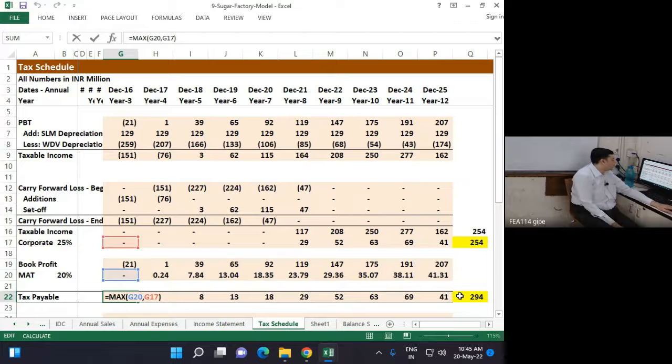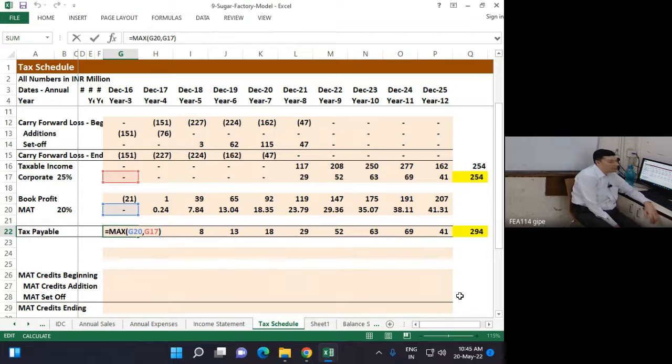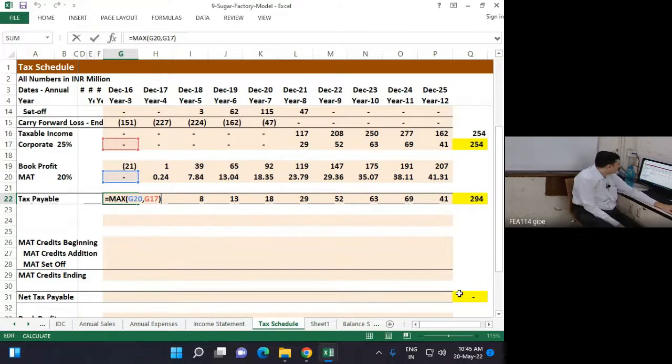So 294 is my total tax payable. So you can see that corporate tax to be paid over the life was 254, but because of the MAT, 294 is what you have to pay. So 40 is the excess that you are paying to the IT, which is what you should get as a rebate in the MAT credit set off.